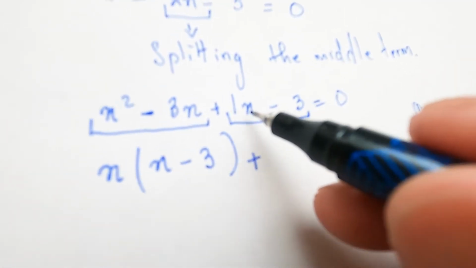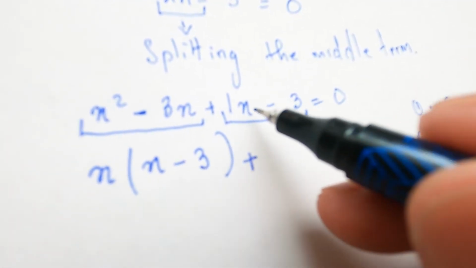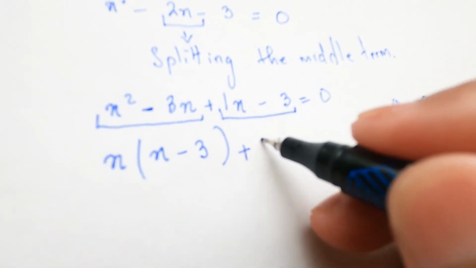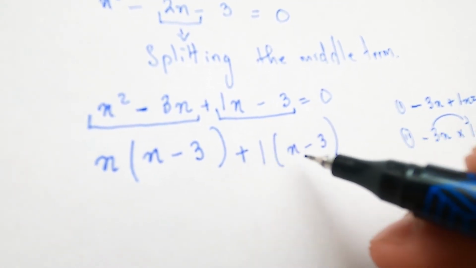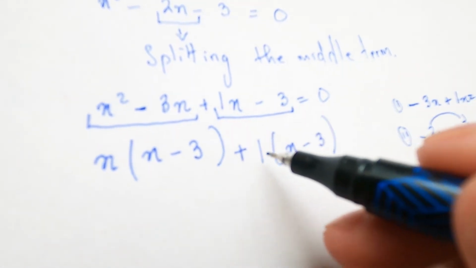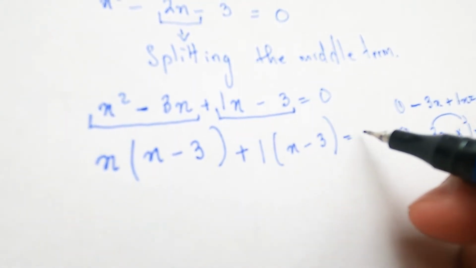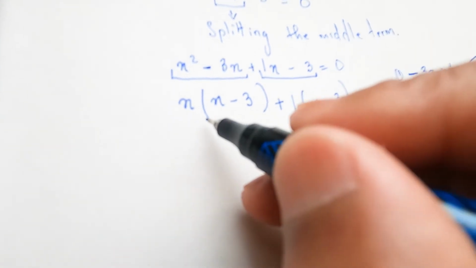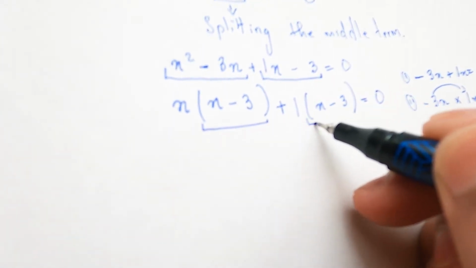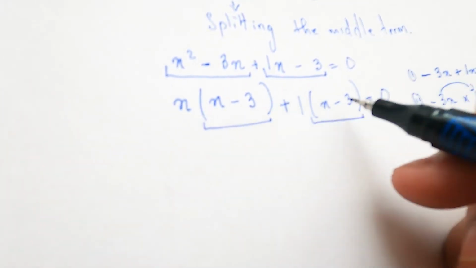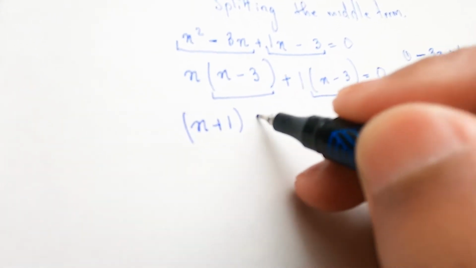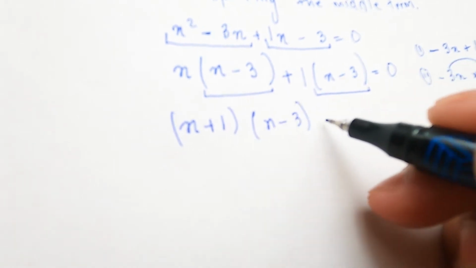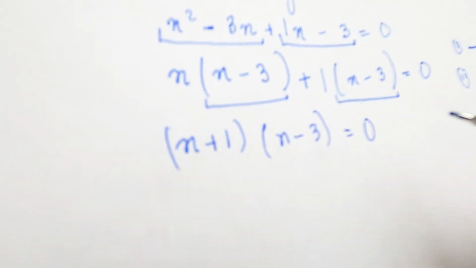Alright, plus here in this case the common number will be 1. So it will be x minus 3, because 1 into x we are getting 1x, and 1 into 3 we are getting 3. Alright, so in this case, this is the common number. We will take them as common. So it will be x plus 1, x minus 3 is equal to 0.